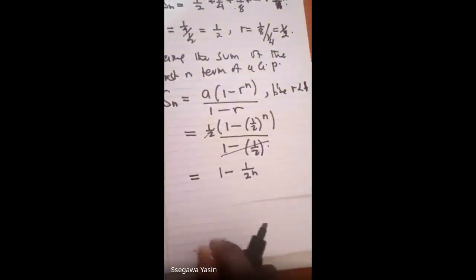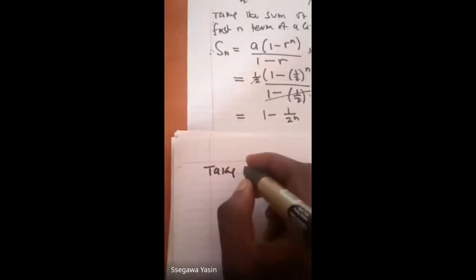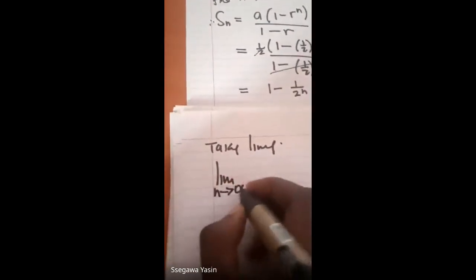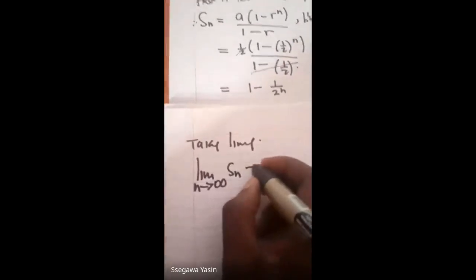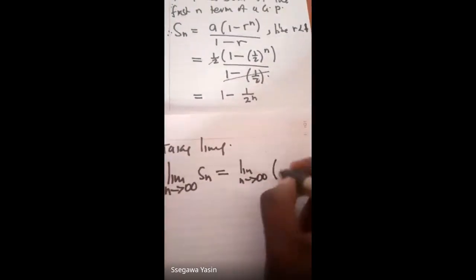This is what I'm remaining with. And my next interest is to take a limit. Therefore, taking a limit, we have the limit as n goes to infinity of Sn, which is equivalent to the limit as n goes to infinity of 1 minus 1 over 2 to the power n.